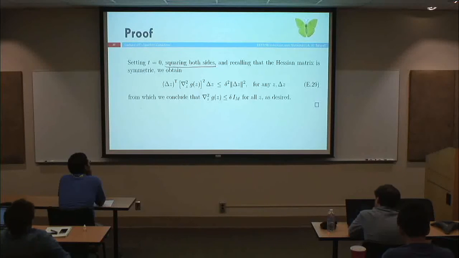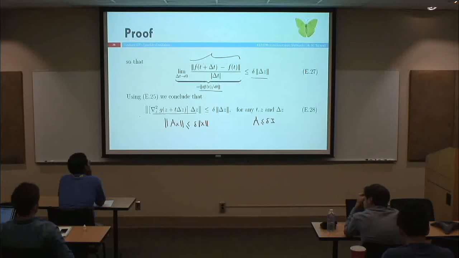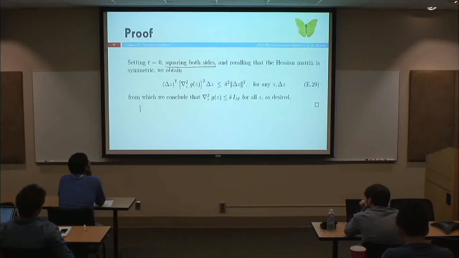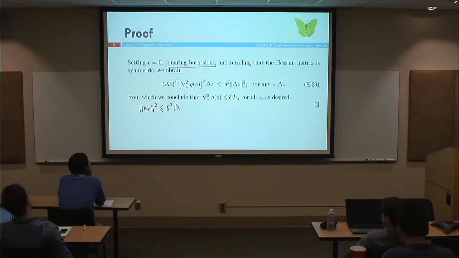You see, I had the norm of Ax squared would be less than or equal to delta squared, the norm of x squared, right? Fine? Okay. Now, what is here the norm of Ax squared? This is x transpose A. Remember, A is symmetric because it's a Hessian matrix.